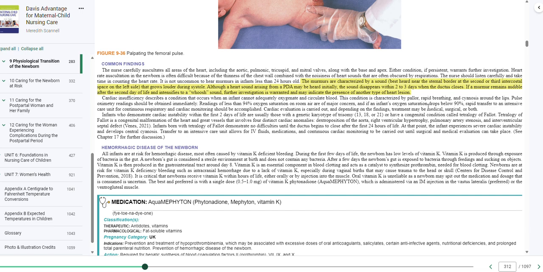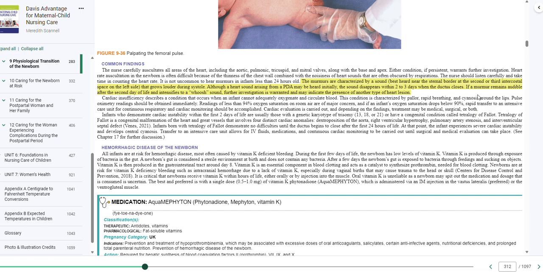That means that ductus has closed, and that's what we want to happen. If the murmur remains audible after the second day of life and intensifies with a whoosh sound, further investigation is warranted and may indicate the presence of another type of heart lesion. So we may have some other issues going on.